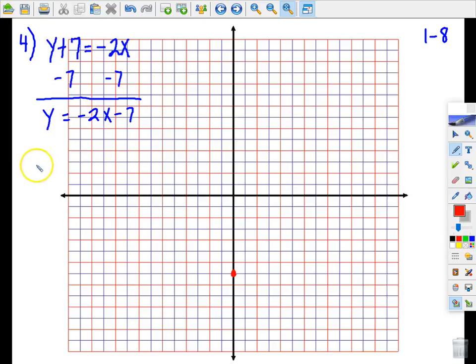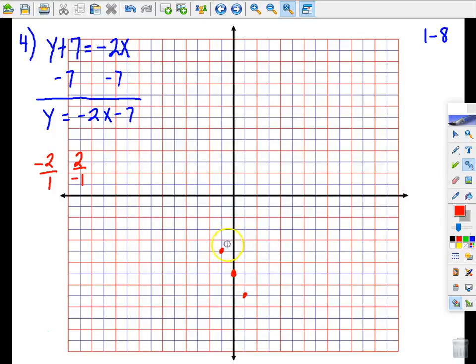Okay, so you can think of -2 either as -2 over 1, or you can think of it as 2 over -1. Both of those equal -2. And so I'd be fine if I counted out the slope as down 2, right 1. I'd also be fine if I counted out the slope as up 2, left 1.